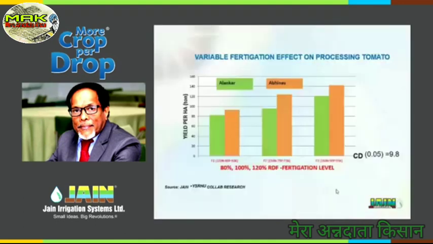Here, the trend is that we are under-fertilizing the processing varieties. They are profusely flowering, very high-yielding ones in the field, so they need more food. Because fertilizer studies are not done on those new varieties, they may be getting the recommendation of our old varieties of tomato, because nobody went and revised the fertigation.